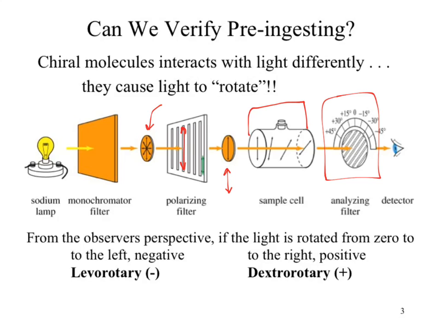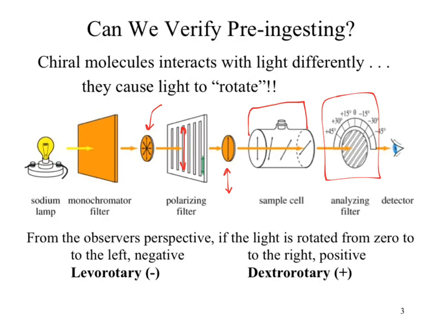Because if you look at the form of glucose, okay, go back home and look at your structure for glucose, there's a ton of chiral atoms within that structure. Those chiral atoms are causing the light to shift off axis. And in the case of D-glucose, the net is that the light is rotated towards our positive values, our dextrorotatory. Okay?